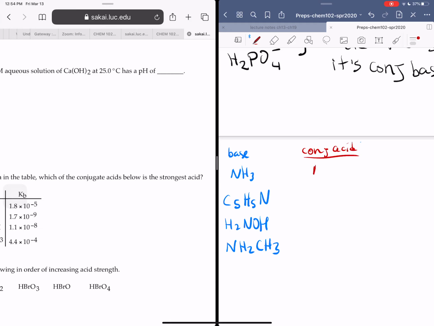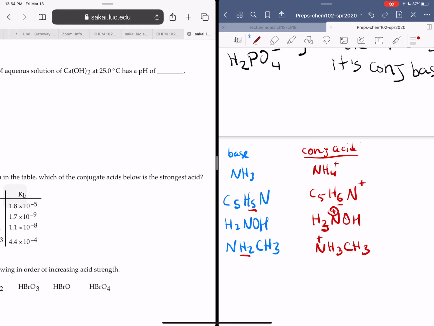So let's do it. It's going to be NH4 plus, C5H6N plus, so here we have 5, here we put 6. H3NOH, and the plus will always be on nitrogen. For NH2CH3, let me put NH3 plus and add CH3.